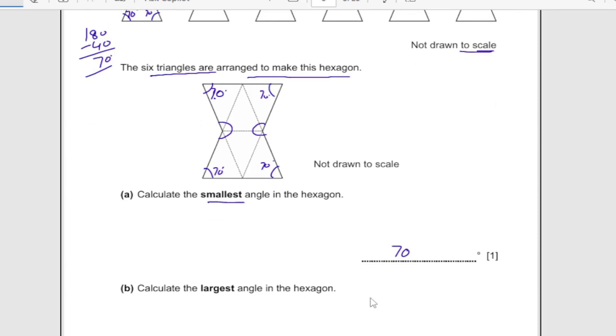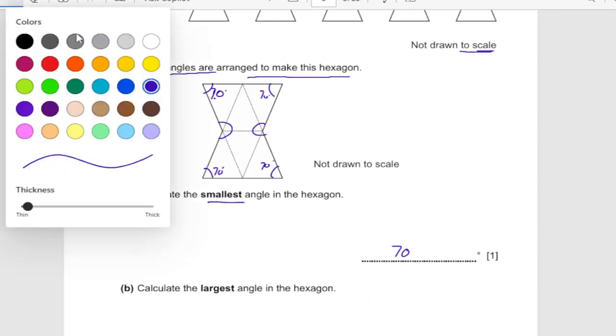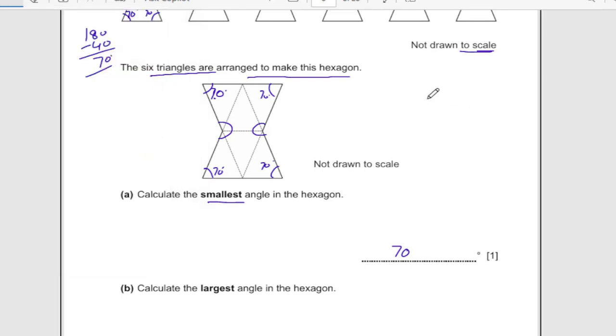So the largest angle is this one here. You see the one I have already made here. So let me change the color. From the upper diagram, this is 70, this is going to be 70 like this, and this is 40, and this angle is 70, this is also 70, and this is going to be 40.